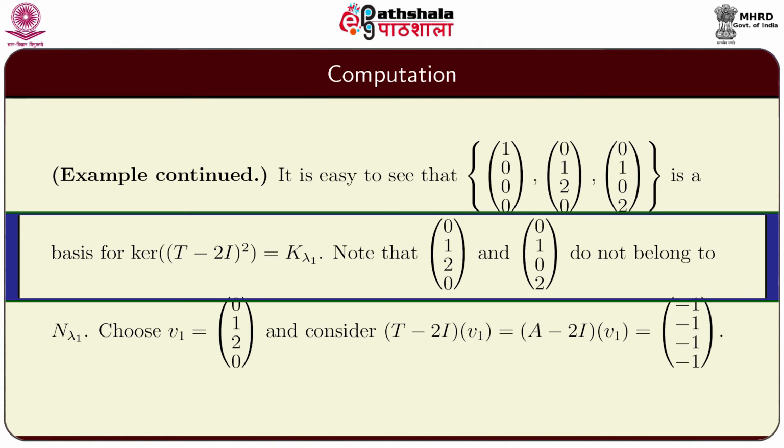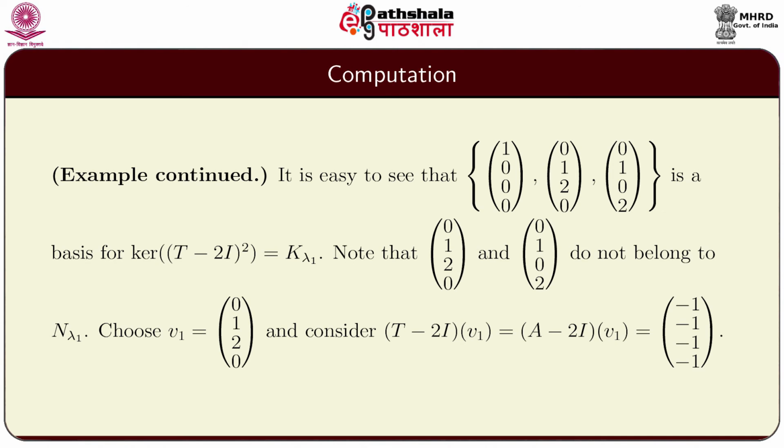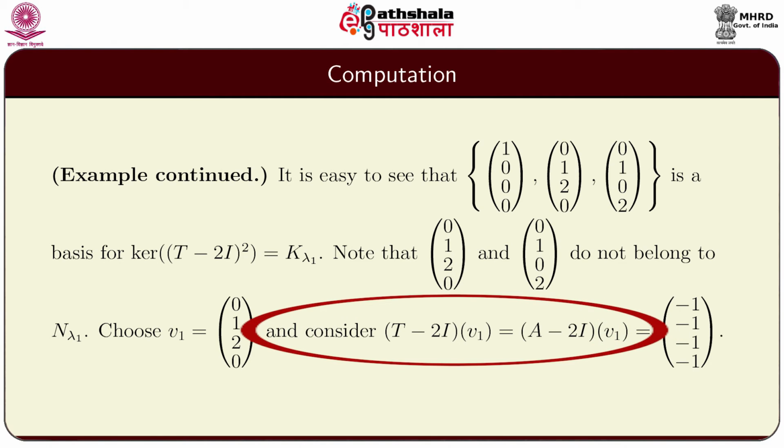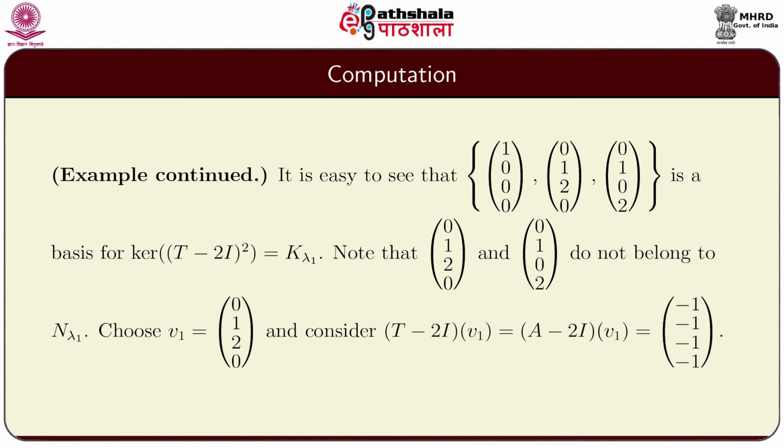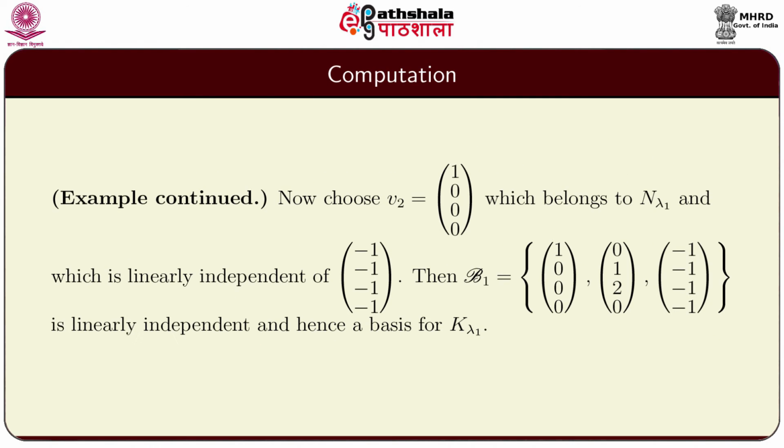Note that these 2 vectors 0, 1, 2, 0 and 0, 1, 0, 2 do not belong to the eigenspace of lambda 1. So, we choose v1 now to be 0, 1, 2, 0 and consider (T minus 2I) of v1, which is (A minus 2I) of v1, and that is minus 1, minus 1, minus 1, minus 1, and choose v2 to be 1, 0, 0, 0.